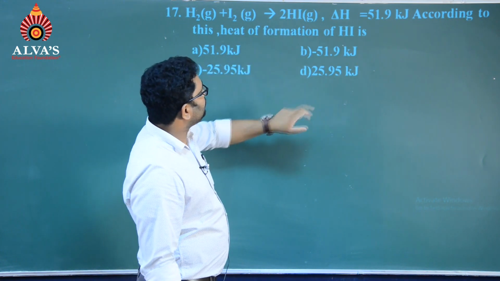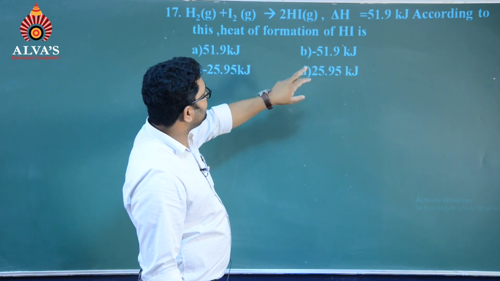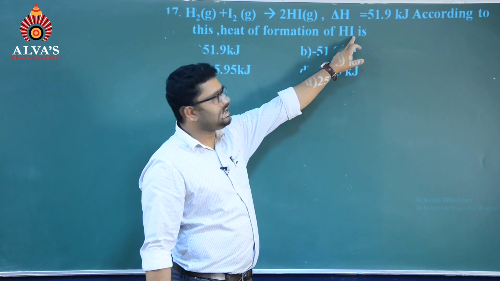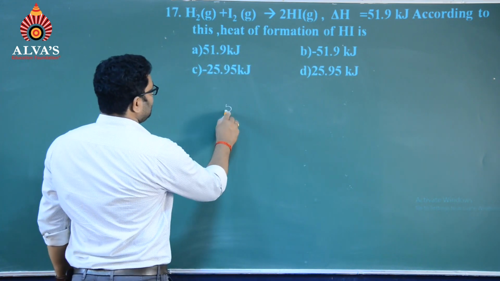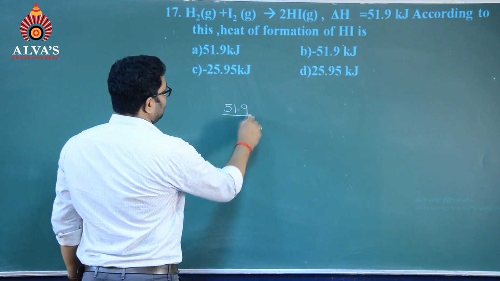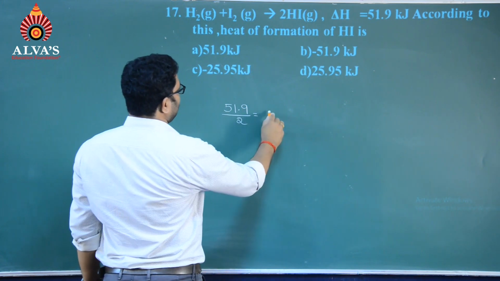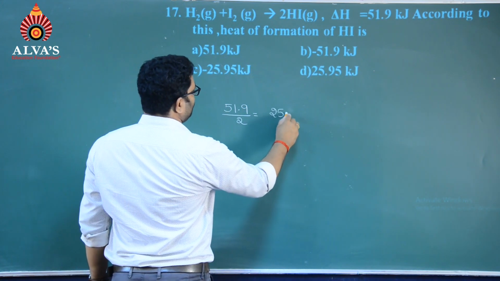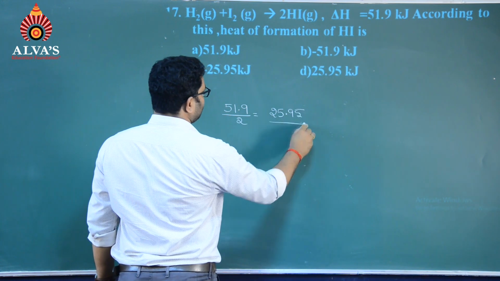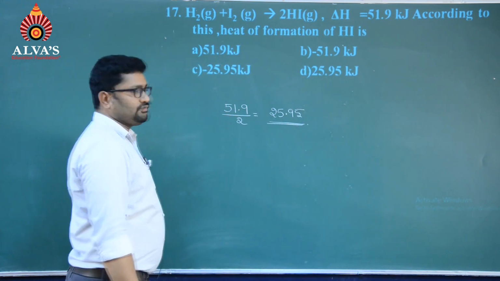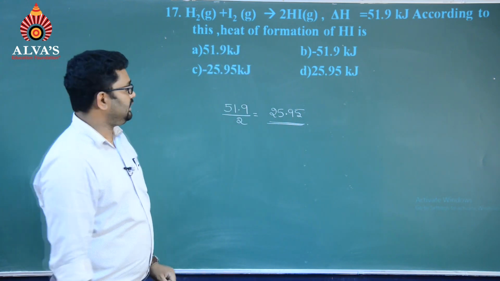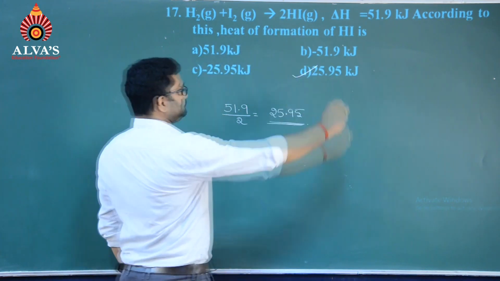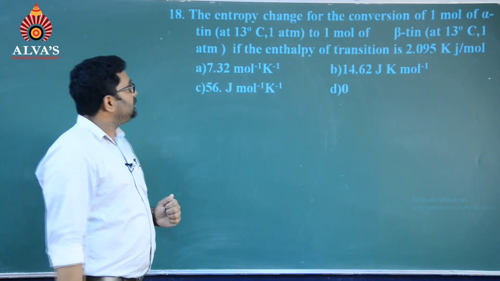Hence, if you want the enthalpy for 1 mole of HI, that enthalpy value must be divided by 2. Therefore, 51.9 by 2, the value is 25.95. This is the enthalpy of formation for HI, that is 1 mole of HI. Answer is D.